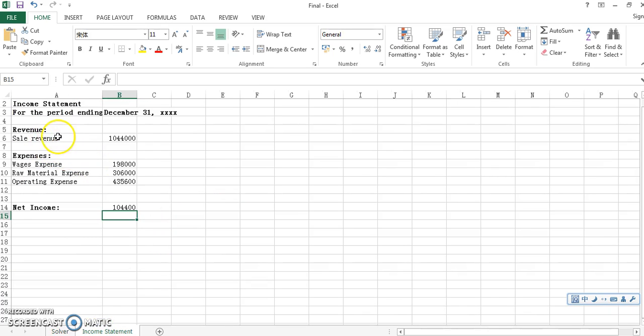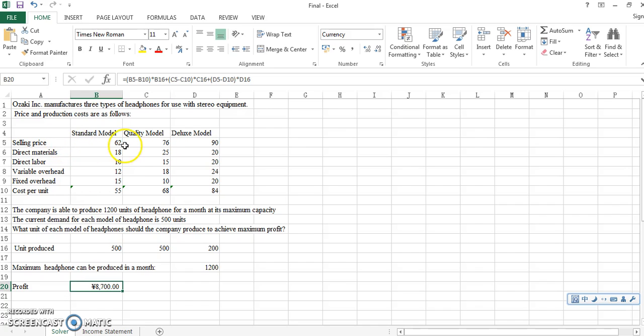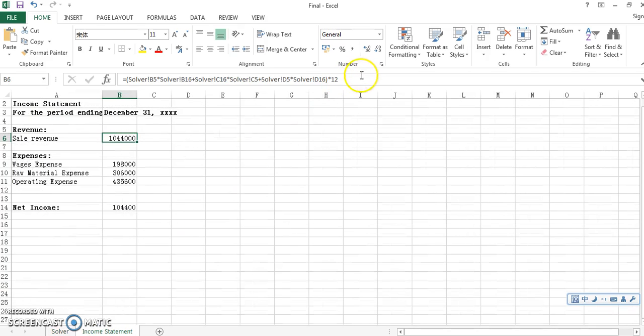So the sales revenue here is equal to the selling price of each unit times how many units are produced for the month, times 12, since there are 12 months in a year.